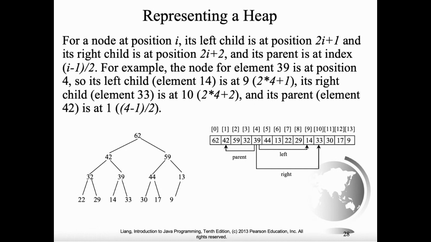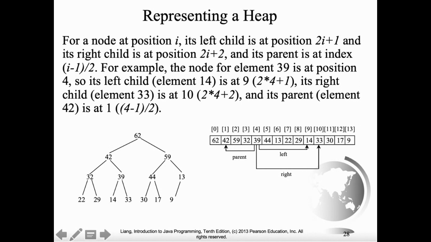And then when we start the next level, we definitely have to start from the most left one, the left child, and that's going to be 32 here. Then we have to go one by one, fill the entire level 2 from left to right. So I have to first go to 32, then 39, then 45, 44, and then 13.